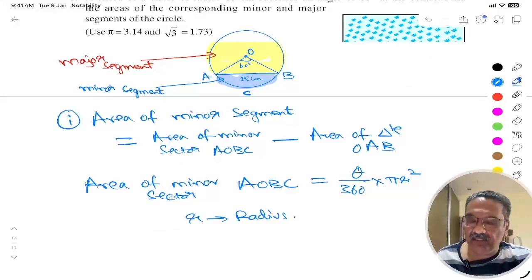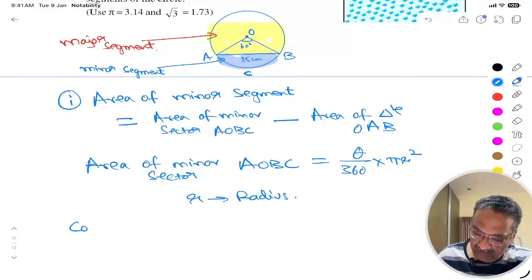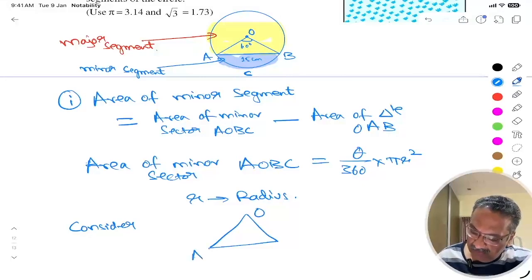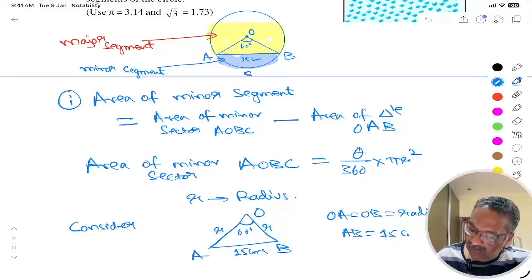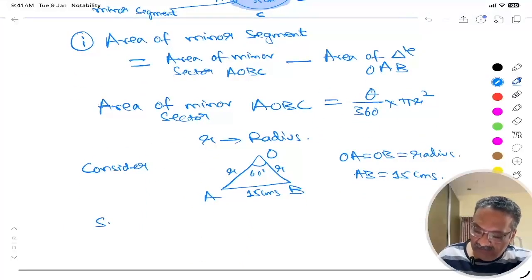We do not know the radius. So now consider triangle OAB. We know this as 60 degree, but this is radius. See, OA is equal to OB is equal to radius. So both are equal. Plus we have AB as 15 centimeters.